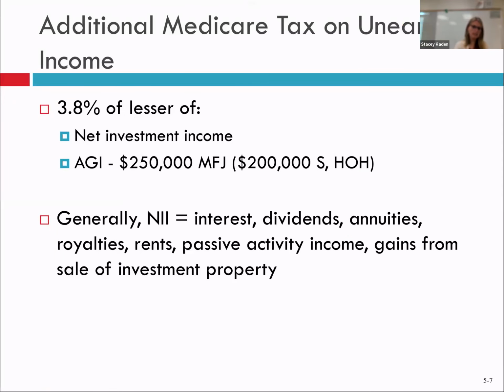All right, there's also the additional Medicare tax on unearned income. This one stings a little more for wealthy individuals. This is 3.8%, a lot bigger than 0.9%. Again, you're not subject to this until you exceed the same thresholds.